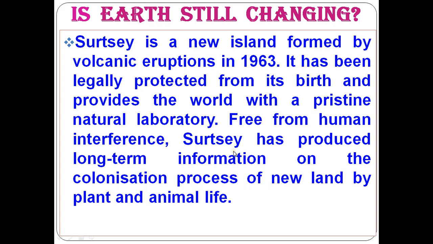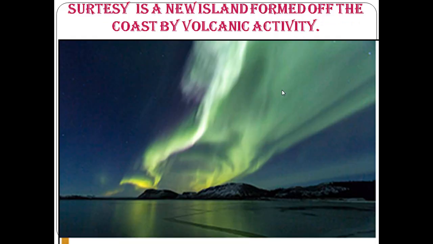So this is the example of a new island formed due to volcanic eruption in 1963, that we call Surtsey Island. Look at the picture of Surtsey Island, formed off the coast by volcanic activity. So this is about Surtsey Island.